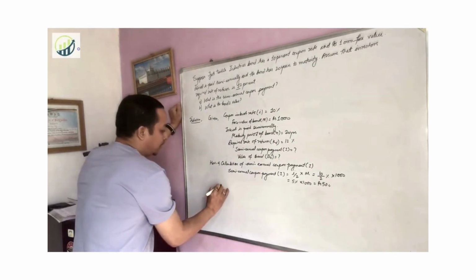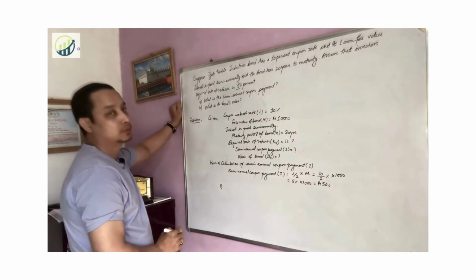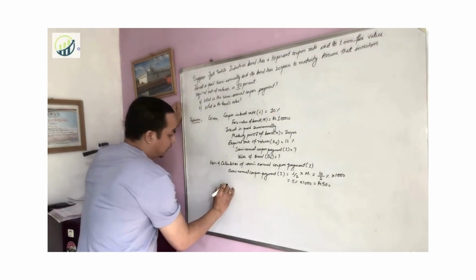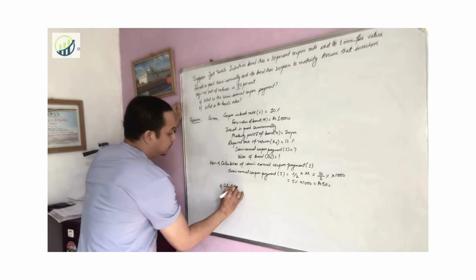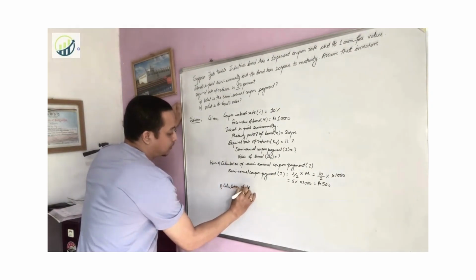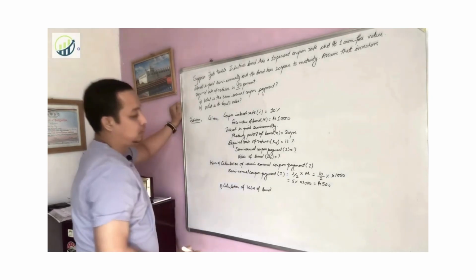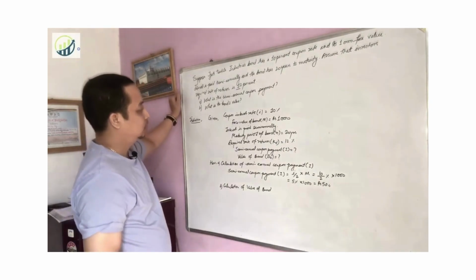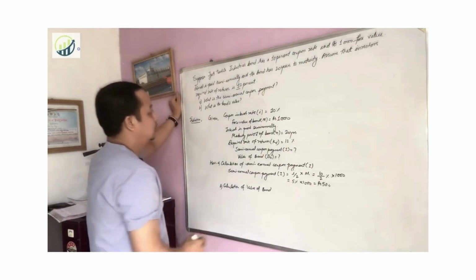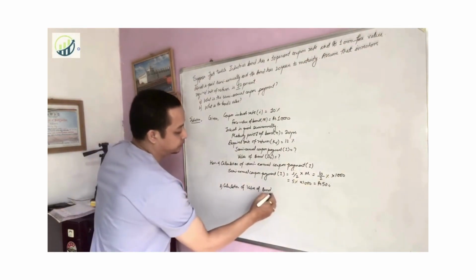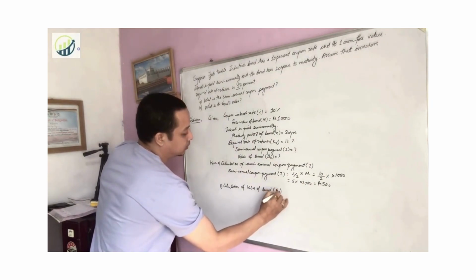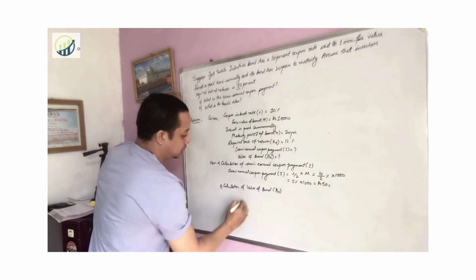Now second, you have to find the bond's value. So here, calculation of value of bond, or you can say semi-annual coupon bond, B0.